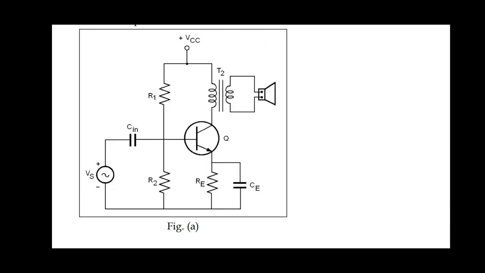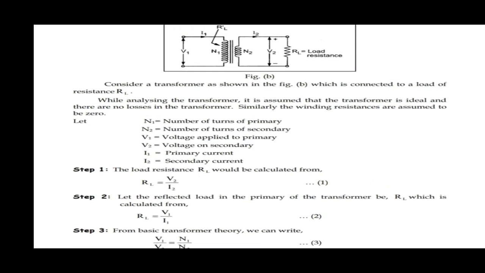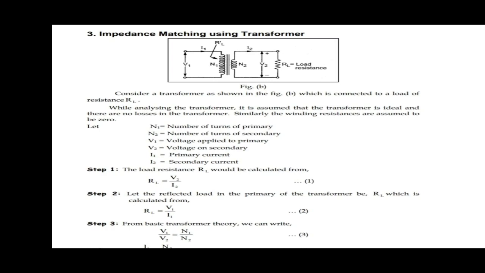Now we have to discuss how the impedance is matched using a transformer. Consider a transformer as shown, which is connected to a load resistor RL.